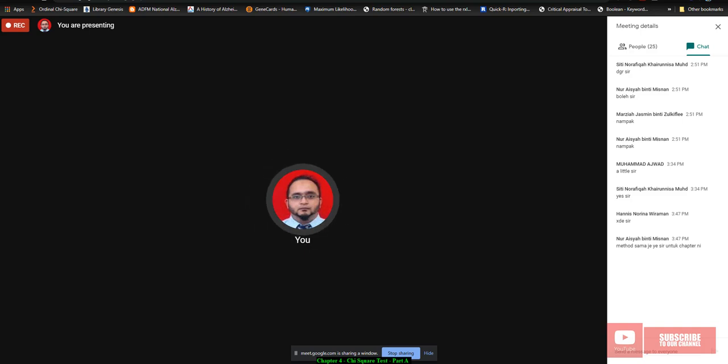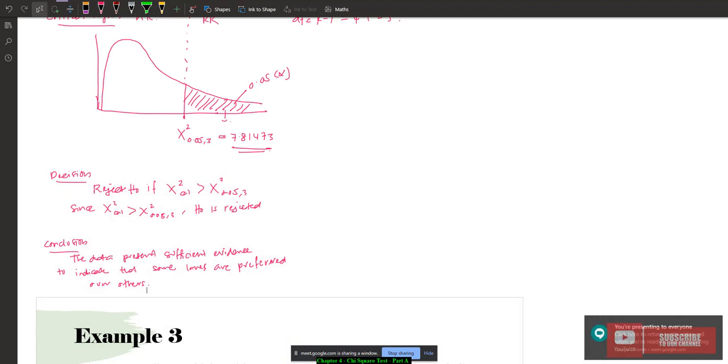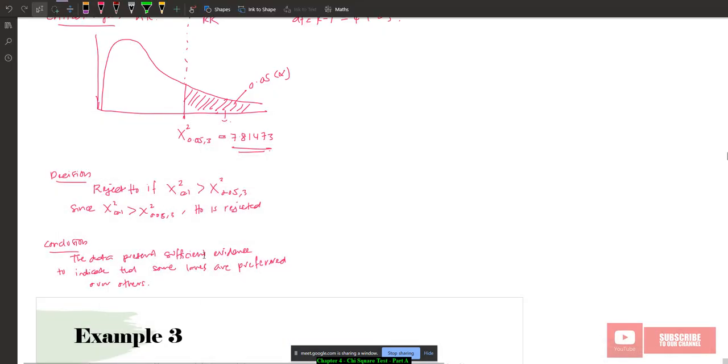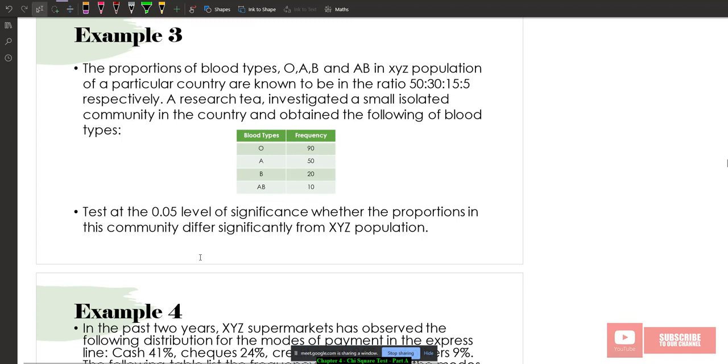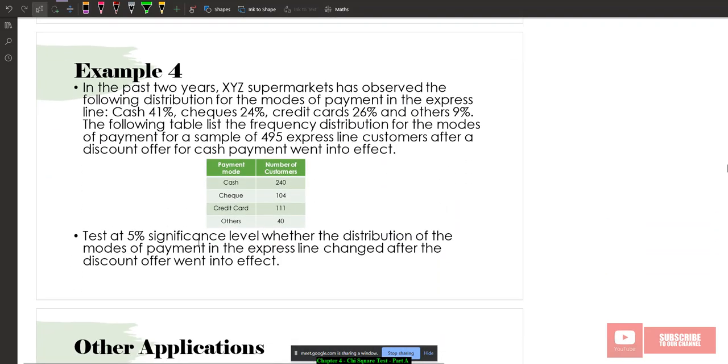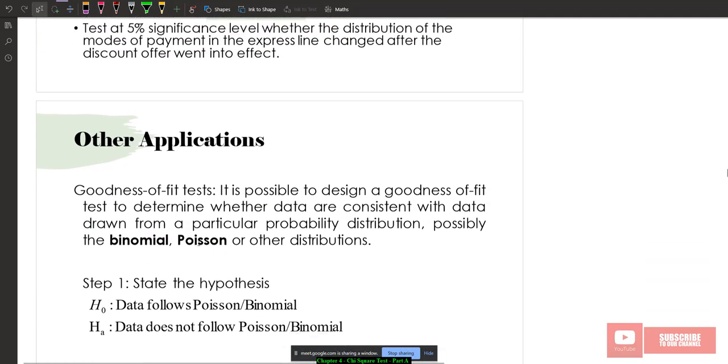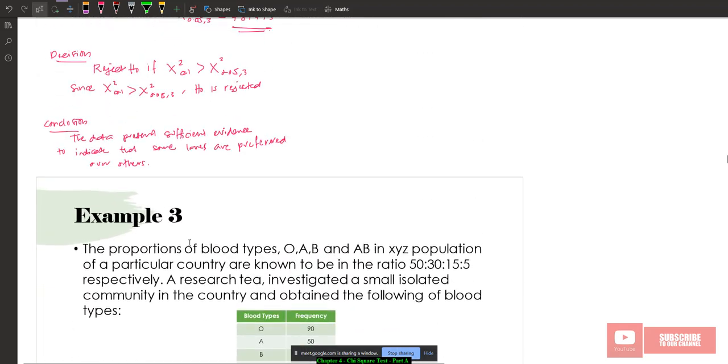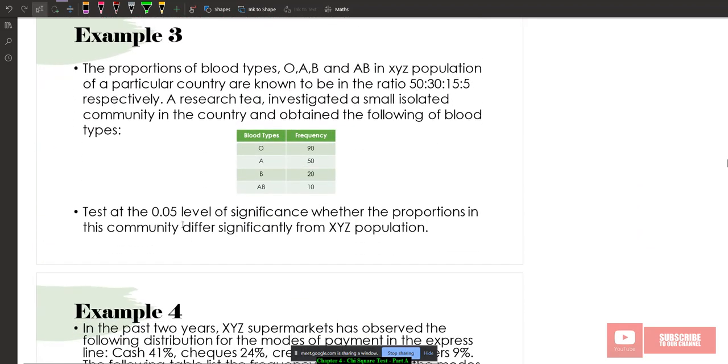The method is the same for this part, right? We will see the different part in the next topic. I'm just giving you the same example. So example number 3 and number 4 use the same procedure. Before we go to other applications, we're going to stop here first.